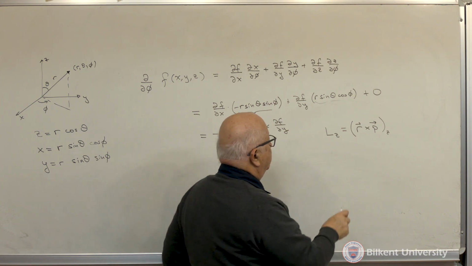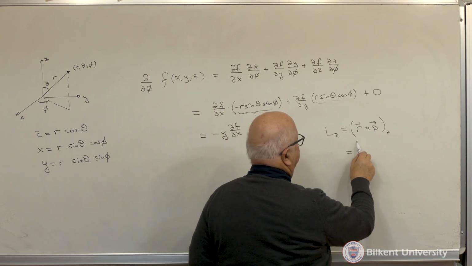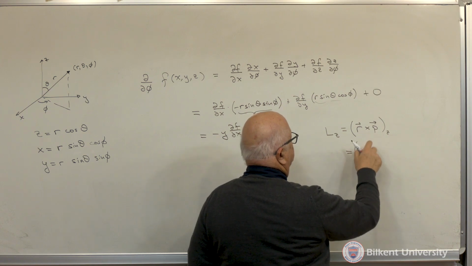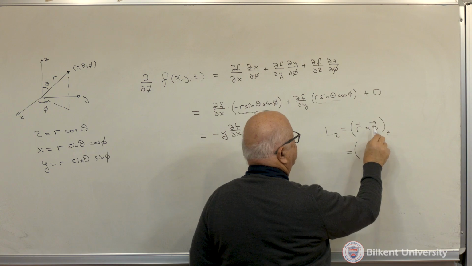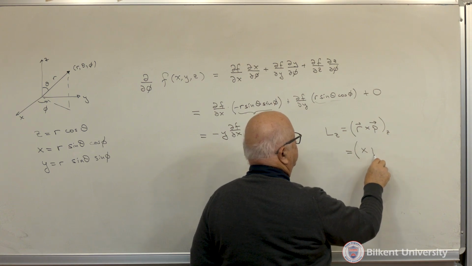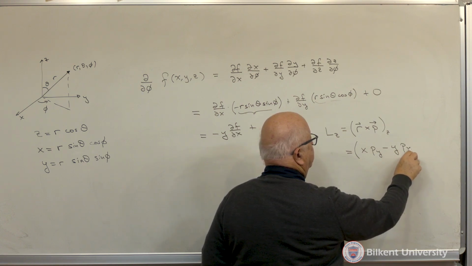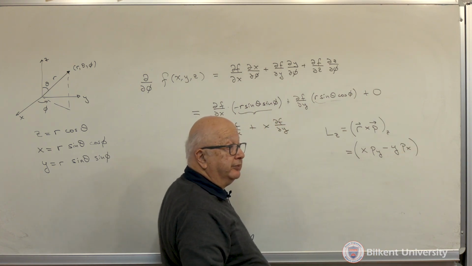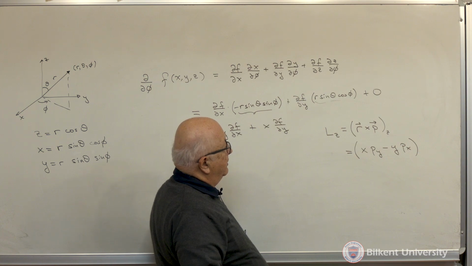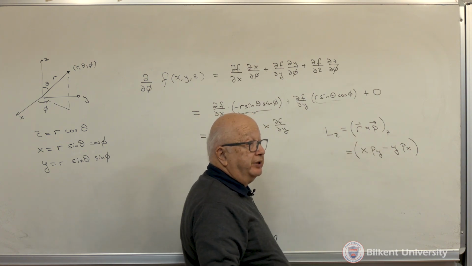Let's first do the algebra. It's going to be x times py minus y times px, the z component of r cross p.